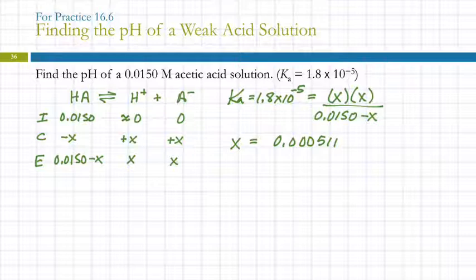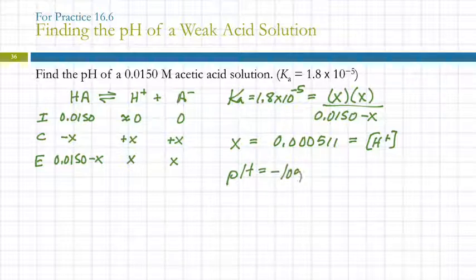So here we're going to say the hydronium ion concentration will be 0.000511. But what are we asked to find? The pH. So pH is the negative log of 0.000511. And we're going to say that probably has two significant figures.